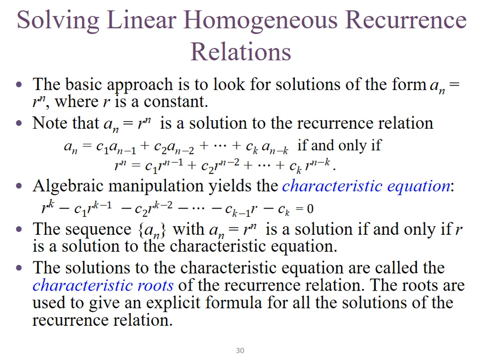Okay, so if we divide each term by this number, then the last term will be c_k. Then the previous term will be c_{k-1} times r. And then for our first term, r^n, if we divide by r to the power of n minus k, then it will be n minus (n minus k), so that will be r to the power of k.